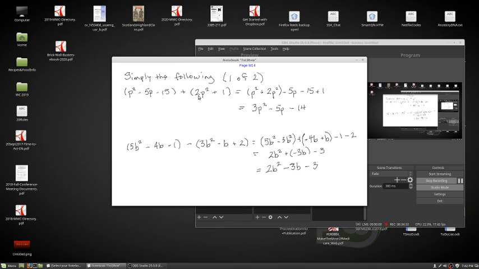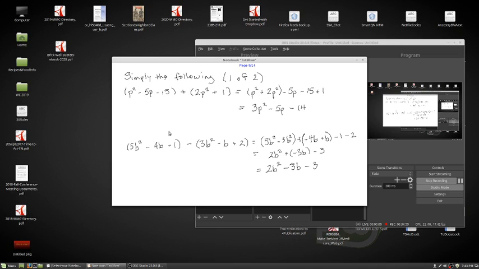So p squared and 2p squared, they're both our p squared terms. So we're going to add those together and get 3p squared. There is no p to the first power term in the second one here, so we just end up with a minus 5p again. And then -15 plus 1 is -14.